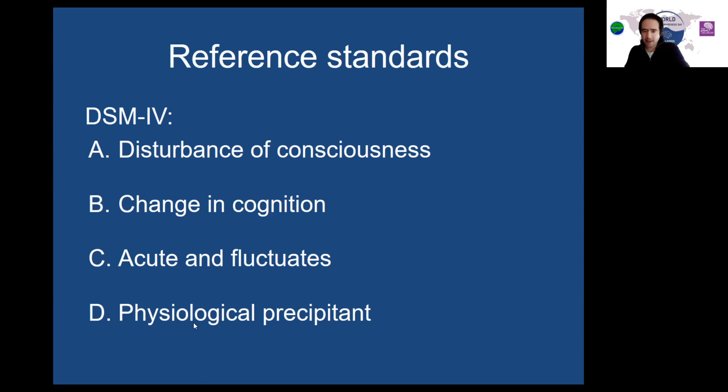I'm just going to unpick it a little bit, because the operationalization of any reference standard is basically about unpicking and defining how much of these things have to be abnormal for you to call it an abnormality. So physiological precipitant is actually quite difficult because sometimes you don't prospectively know exactly what the precipitants are.